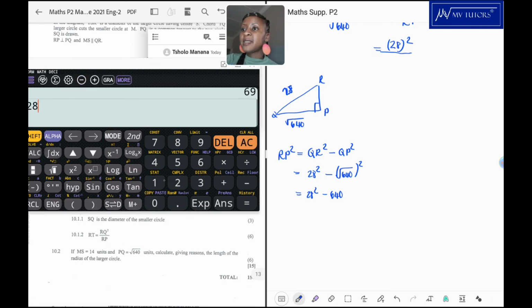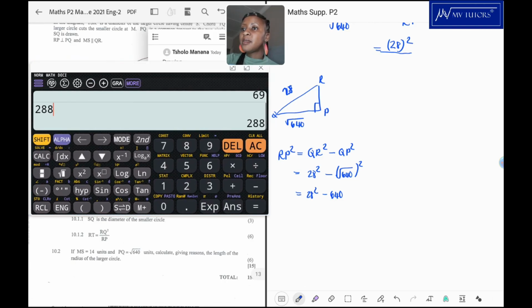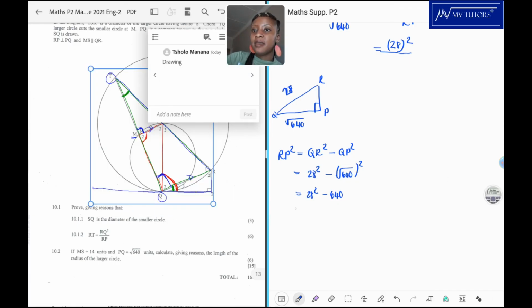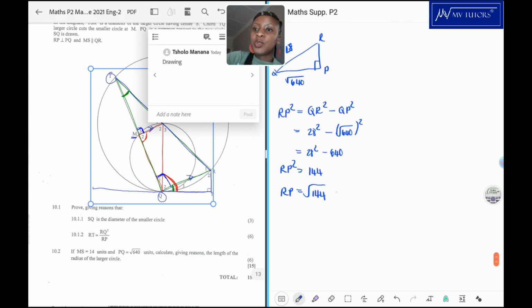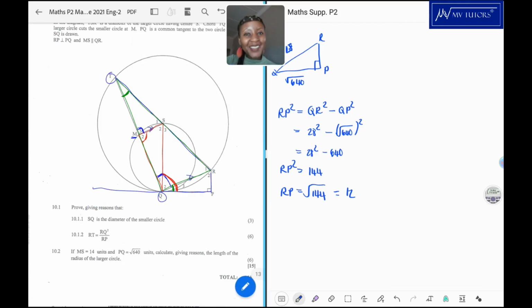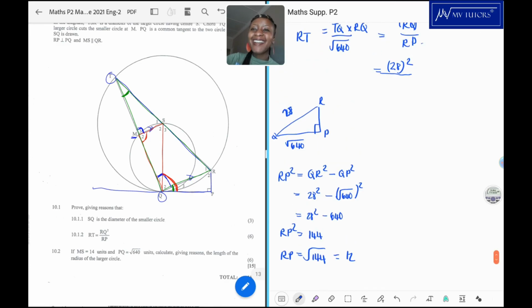So 28 squared minus 640, the answer is 144. Remember, we have RP squared, so RP is just the root of 144, which is 12. Great, we have RP, it is 12.